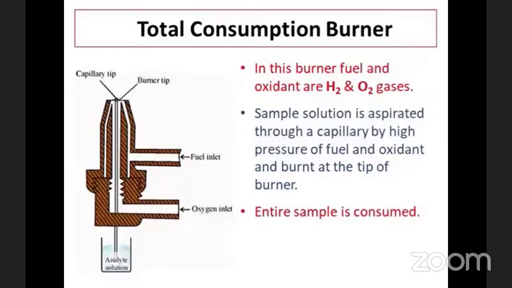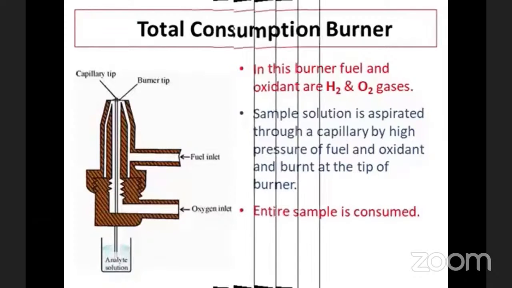In this burner, fuel and oxidant are usually H2 and O2 gases. Sample solution is aspirated or sprinkled through a capillary with the help of high pressure of fuel and oxidant and burnt at the tip of the burner. In this type of burner, the entire sample is consumed. Therefore, it is called a total consumption burner.